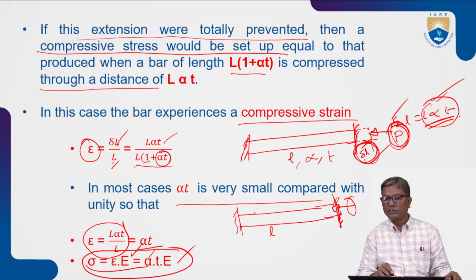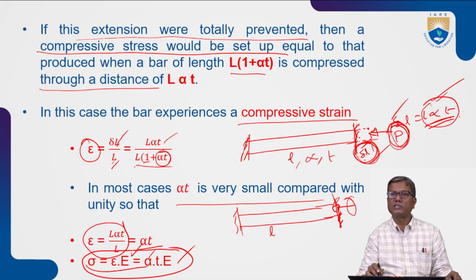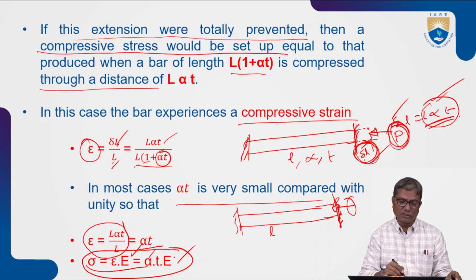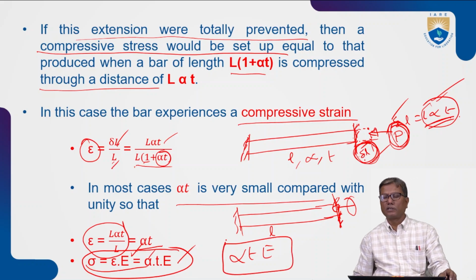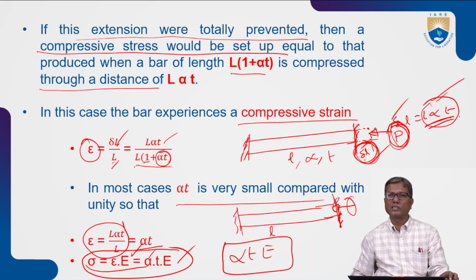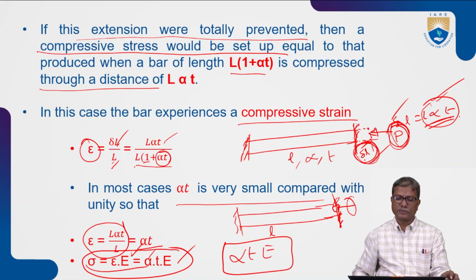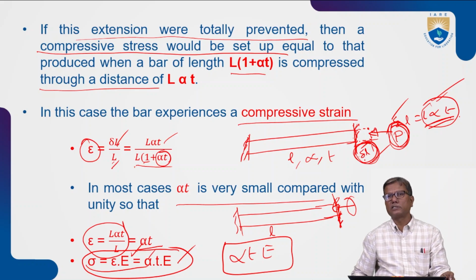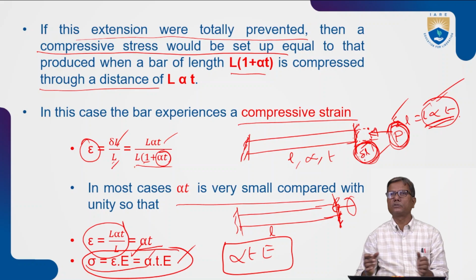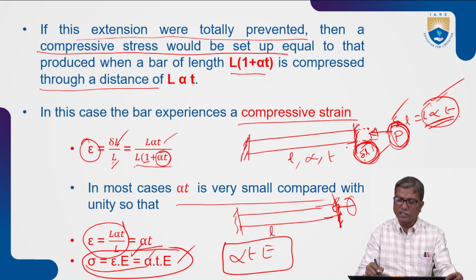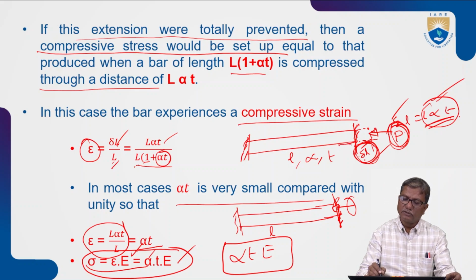So when a simple bar is restrained from expansion, then a stress of alpha TE is developed, compressive stress. When the temperature rises, you will have compressive stress, and when temperature decreases, we will have tensile stress, because it tries to contract, which is prevented.